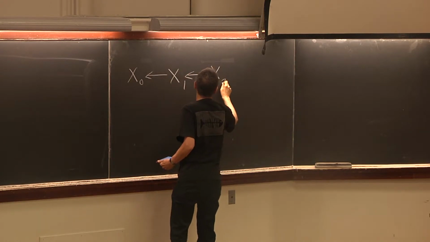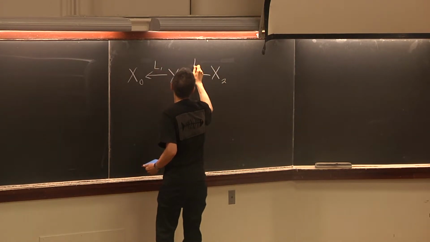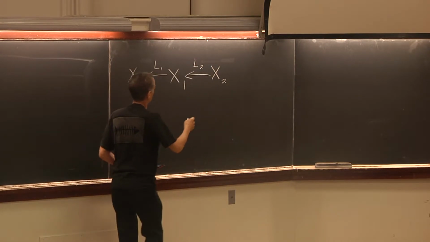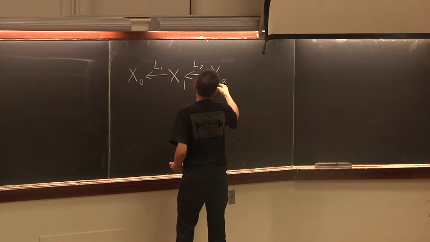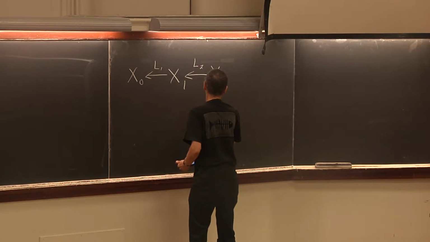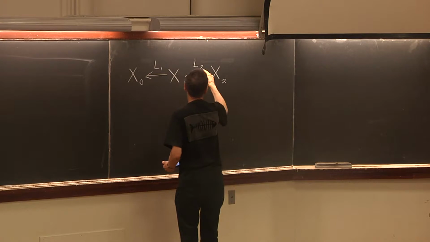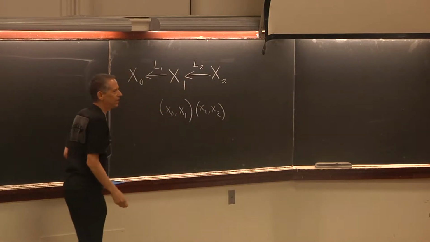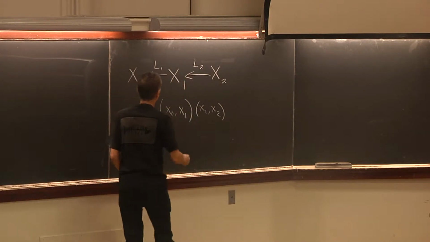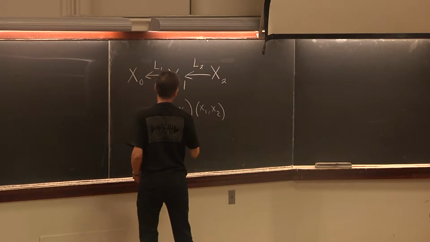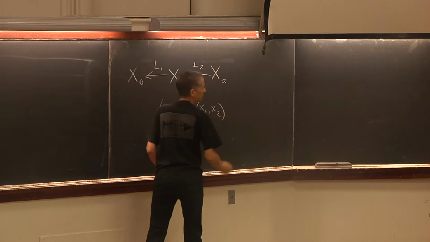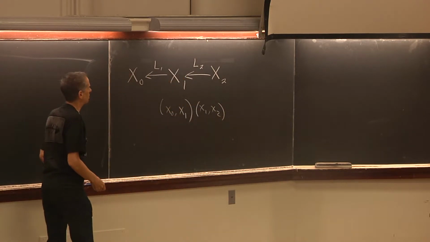If you have a composition like this, then the composition comes about by looking at the pairs x1, x2 in L2, and then looking at pairs x0 with the same x1 in the second place in L1, and then saying that whenever there is such an array, then x0, x2 is in the composition.